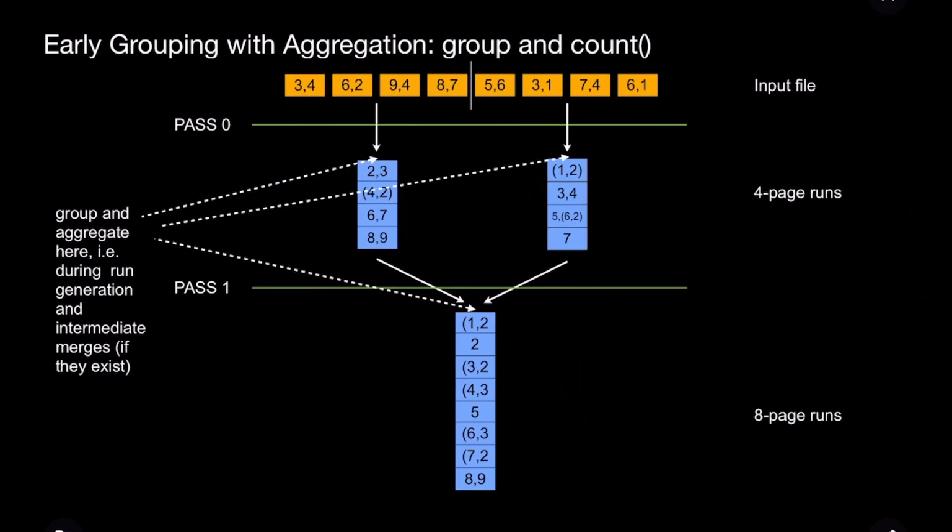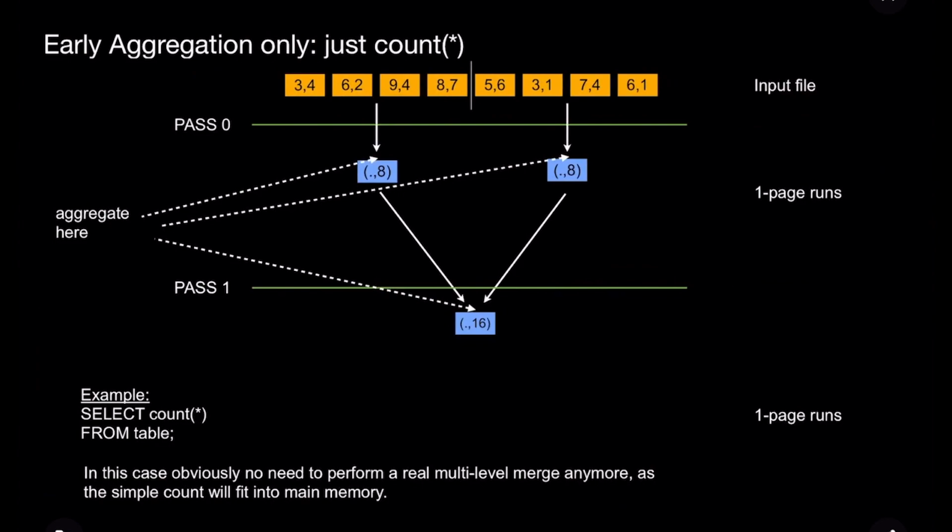I can do it at any point in time. In particular, my count star is super easy. Here's another extreme example. If you don't group, what happens? If you just do a count star without the grouping, basically just counting the tuples, it doesn't make any sense anymore, because you only have to load one page in main memory. You don't have to partition it.